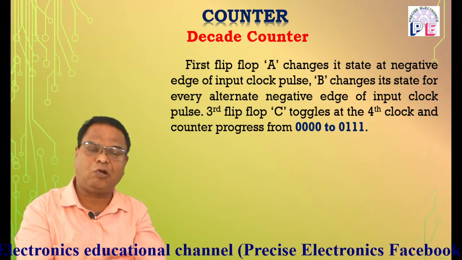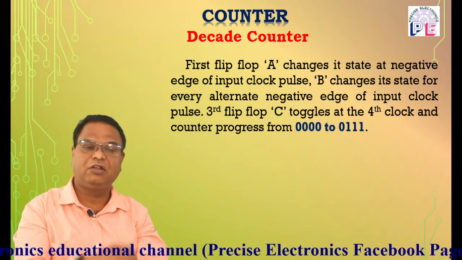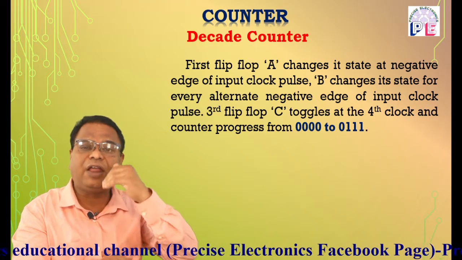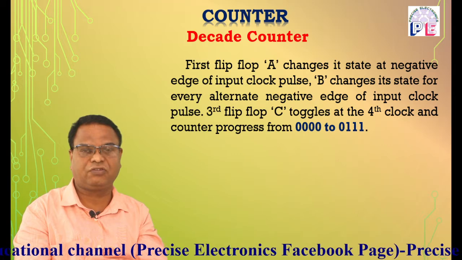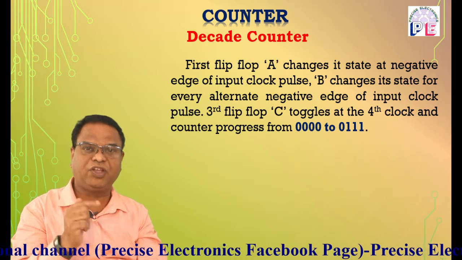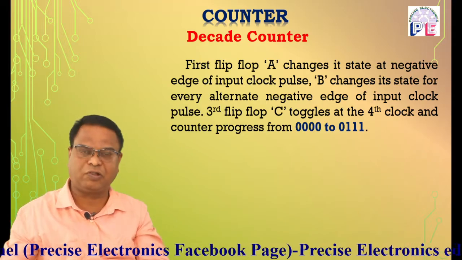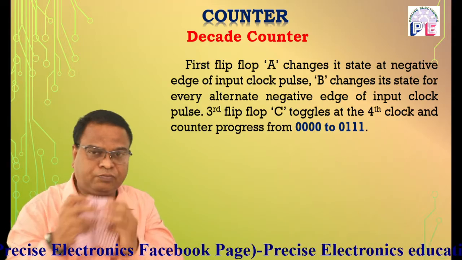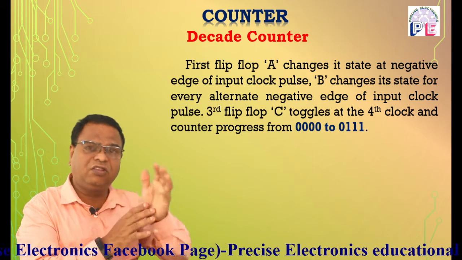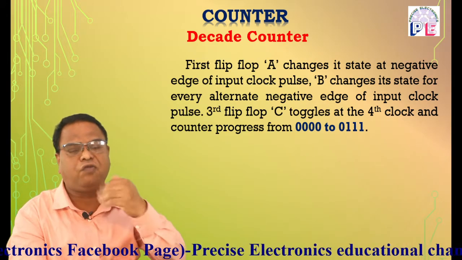Similarly, the B flip-flop changes its state after every alternate clock edge, that is at the second, fourth and sixth clock pulses. And C changes state after every fourth clock pulse.